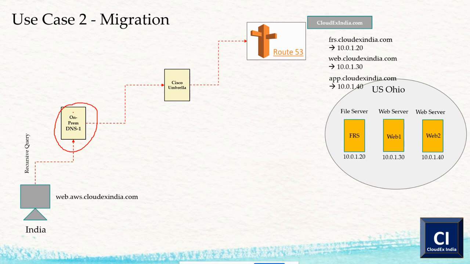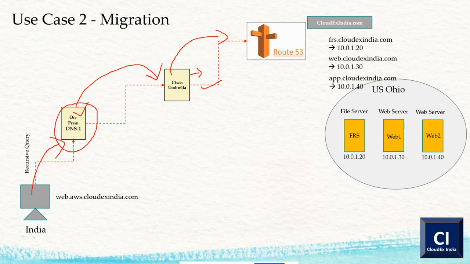It's okay, but keep this server as a forwarder so that whenever a client comes to this and says, hey, I want to communicate with dashboard.cloudxindia.com, what does it do? It forwards the query to Cisco Umbrella, and then it forwards the query to your DNS server Route 53. You can create forwarding, like create the conditional forwarding here, and mention the NS IP address, name server IP address.